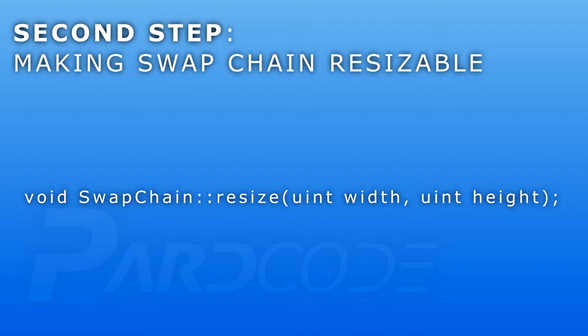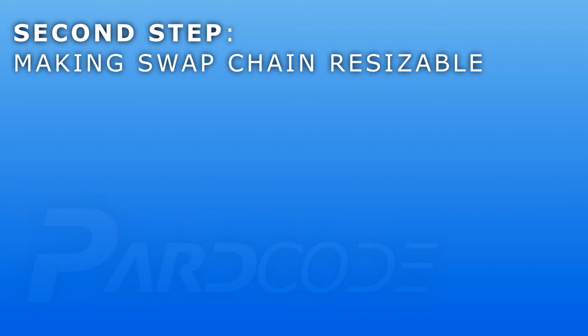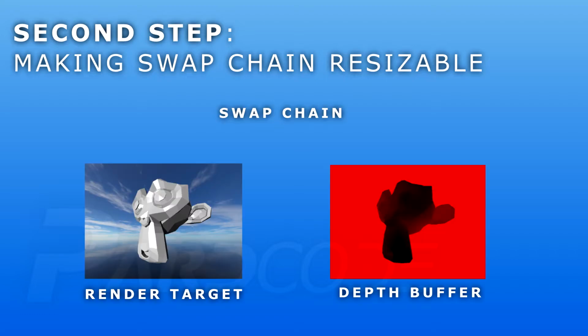The resize of the swap chain is not so straightforward. As we have already seen in the previous tutorials, the swap chain is composed of a series of render buffers. One is the render target, saved internally in the D3D11 swap chain, where the final 3D scene is rendered.